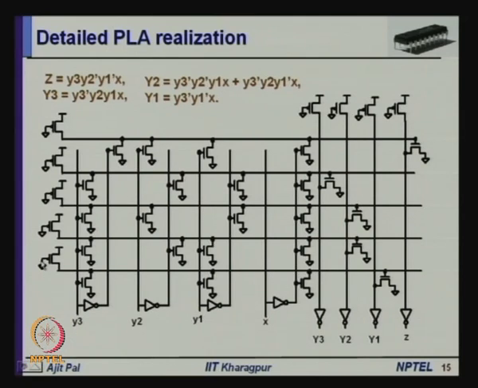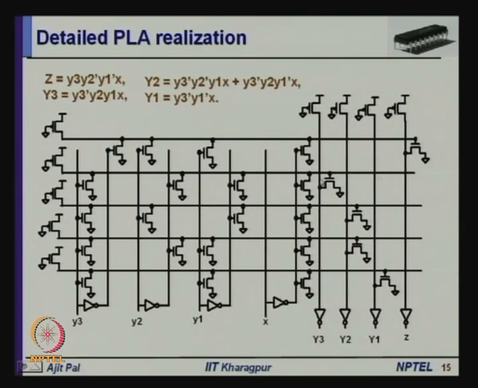So, this is the pseudo NMOS implementation. These are the loads, those pull up transistors, and these are the pull down NMOS transistors for realizing different AND plane functions. And then the OR operation is performed by another NOR structure which is shown here, and these are the loads, the pull up devices of those NOR functions, those pseudo NMOS gates, and you can see these are the NMOS transistors.